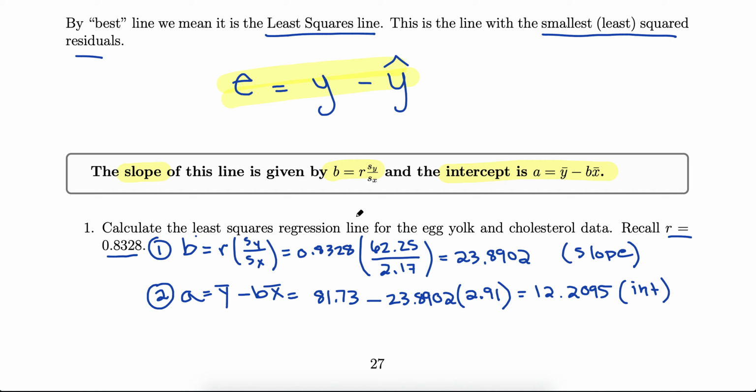Now notice this is asking for the equation of the line. We've given slope and intercept. We found 2 constants, but we actually need to plug those into our equation of the line. So remember that equation was sort of like y equals mx plus b, but we're going to rewrite it here as y hat equals a plus bx.